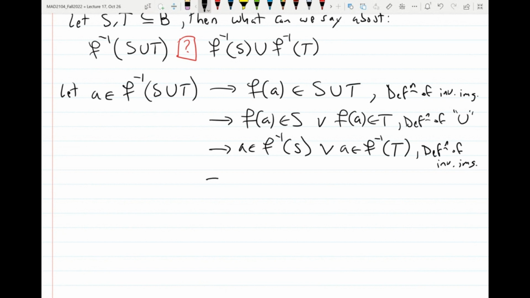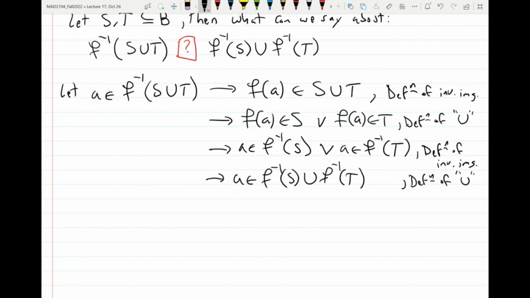The union. That's exactly what we want, right? Here we use definition of union. Yes? So we just showed that the left is a subset of the right. That's what we just showed.